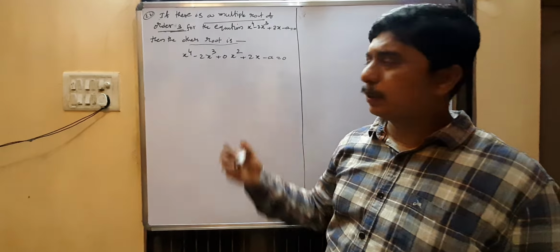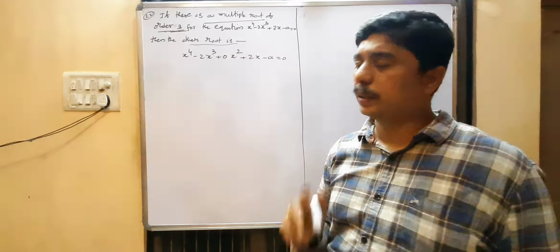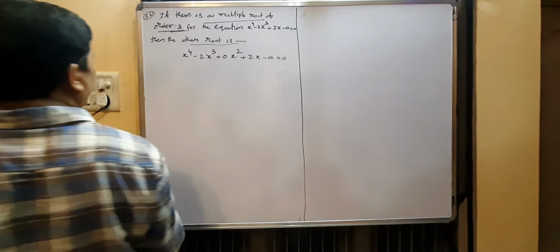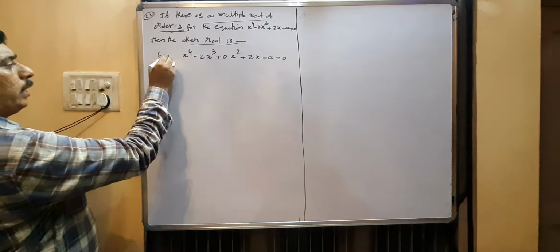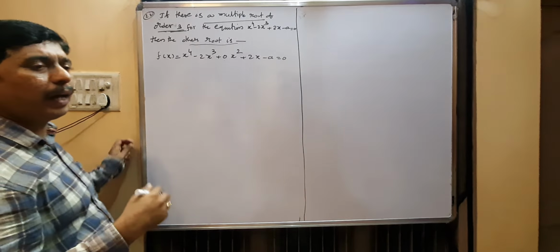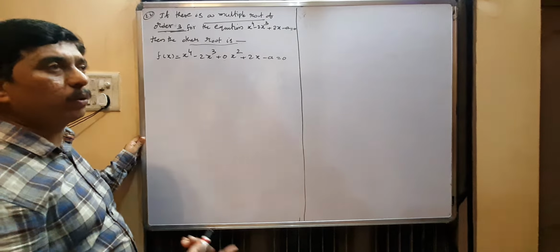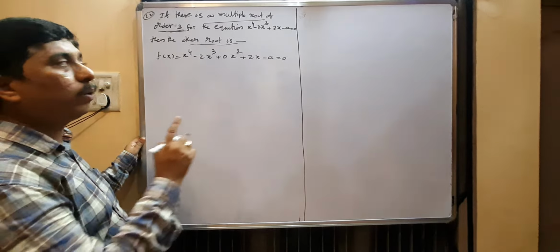For this problem also you have two methods. I will go for the derivative method. A multiple root of order 3 means f of x and f double dash x have a common root. Then only we get the multiple root of order 3.